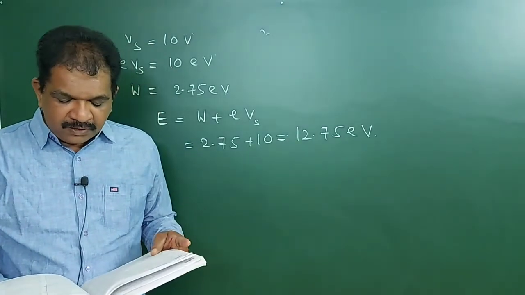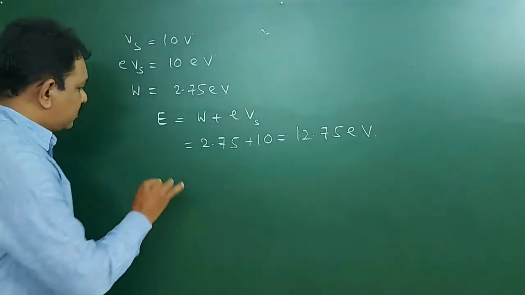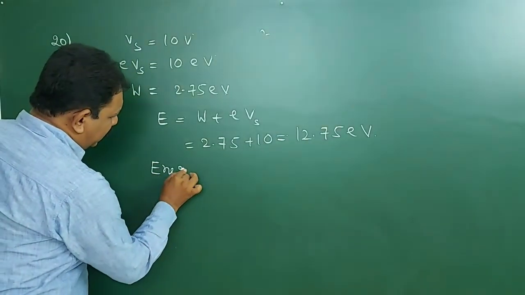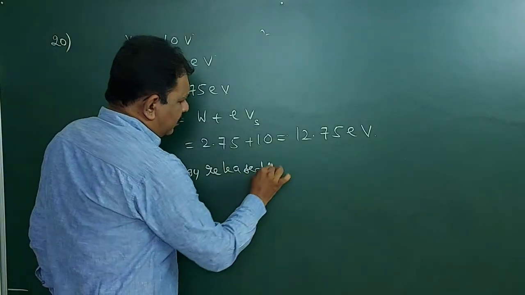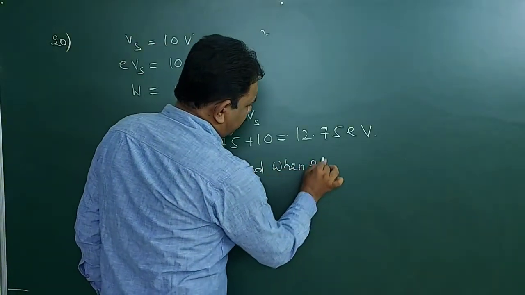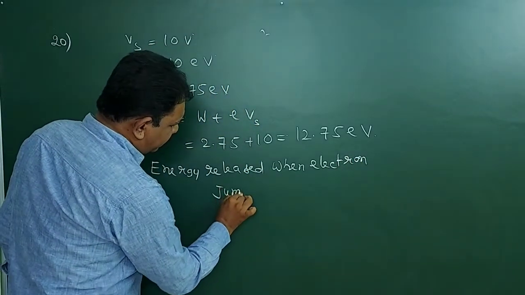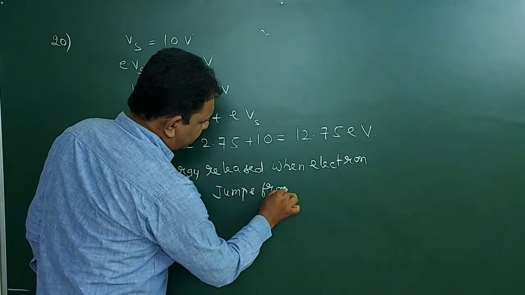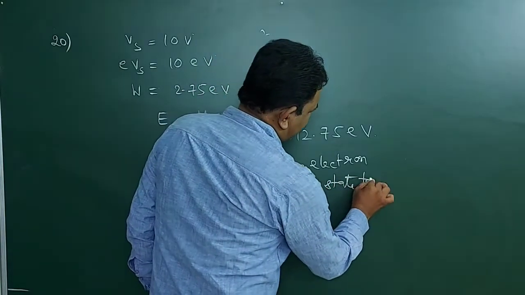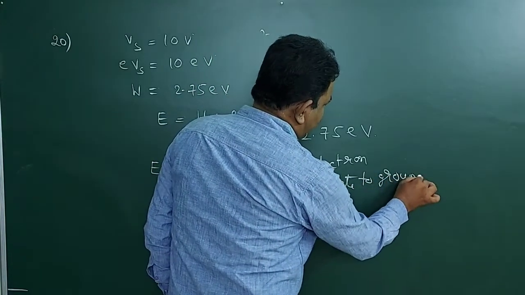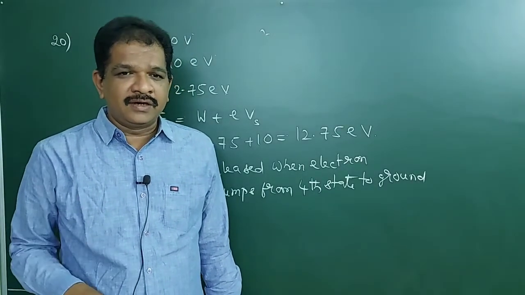So this energy, when it is created, that is the question: when it is jumping from the fourth state to the first state. So energy released when the electron jumps from the fourth state to the ground state. What is the formula? Minus 13.6 by n square.